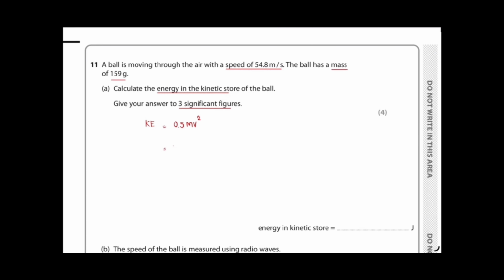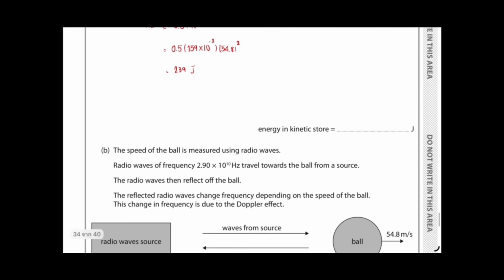So we will have 0.5 times 159 times 10 to the power of negative 3, because we have to convert from gram into kilogram. Okay, and then times v squared, which is 54.8 squared. So the kinetic energy equals 239 joules.